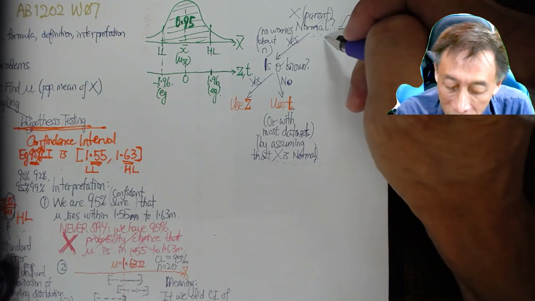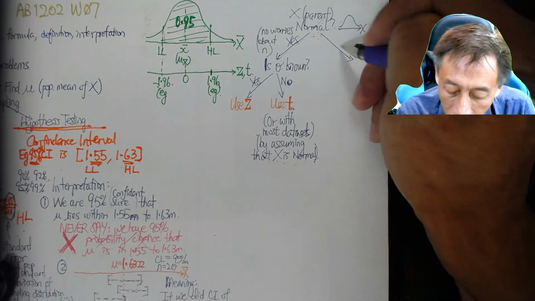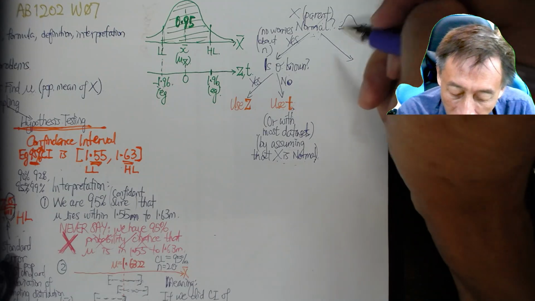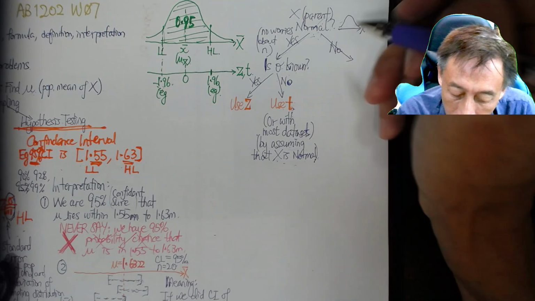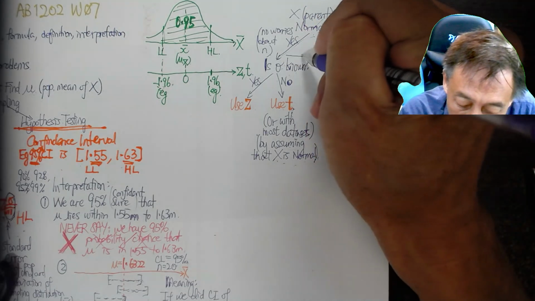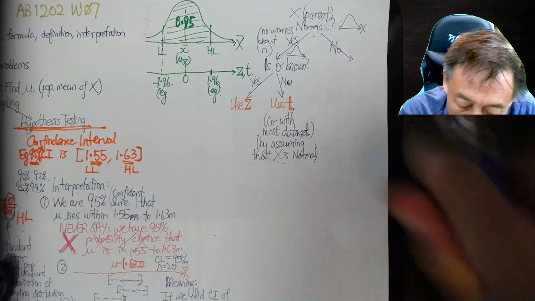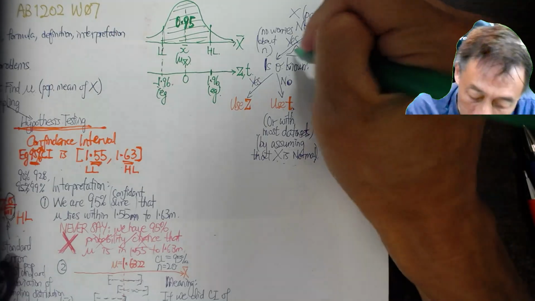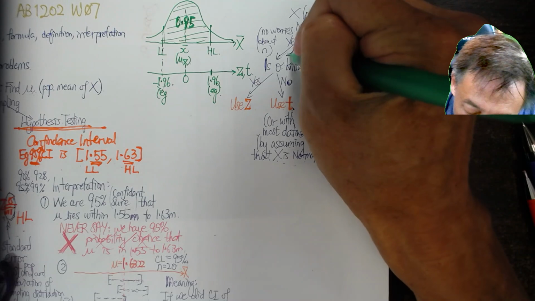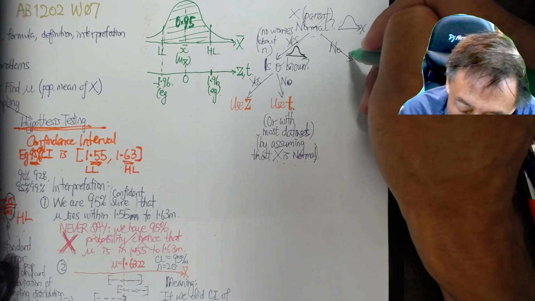Now, what about the other side? What if we don't have a normal distribution? So this part, yes, we do. I think we should emphasize that. And this part, we don't.